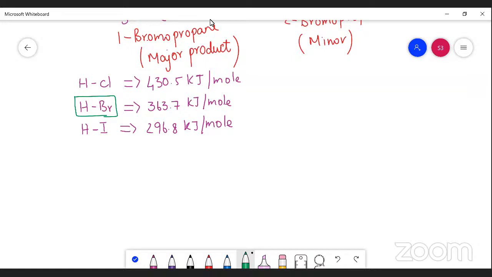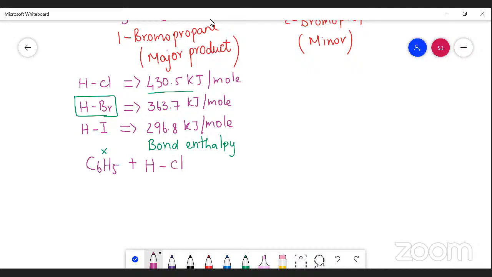We compare these bond enthalpy values. The bond enthalpy value in the case of HCl is very high. Take the phenyl free radical, C6H5 free radical, reacting with HCl first.